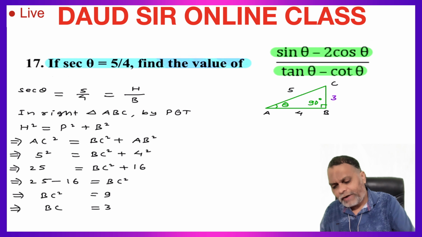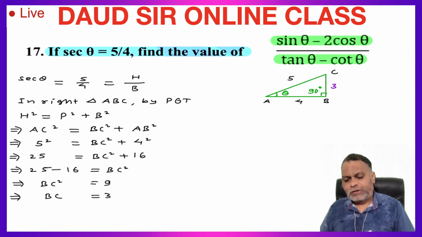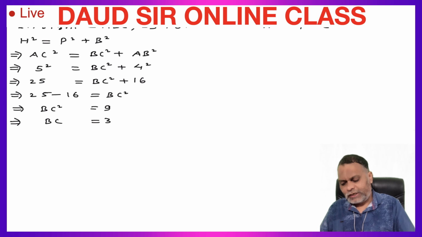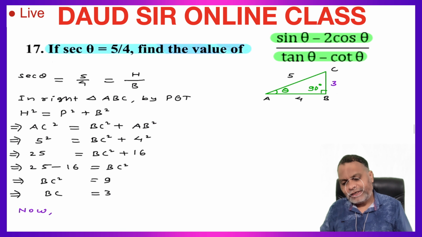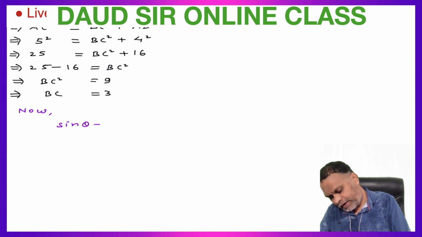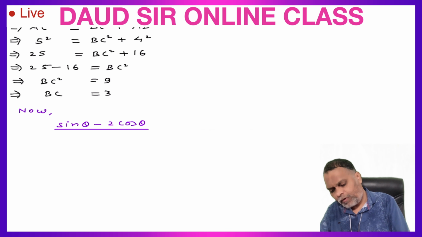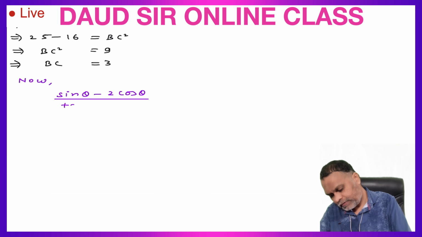Now we can write the value of sin theta minus 2 cos theta upon tan theta minus cot theta.